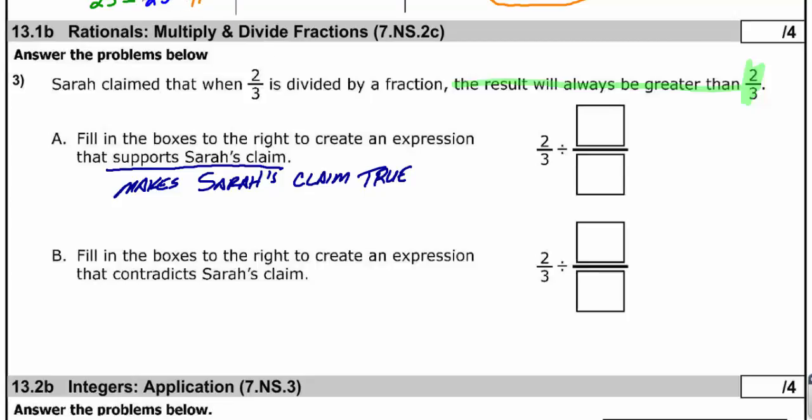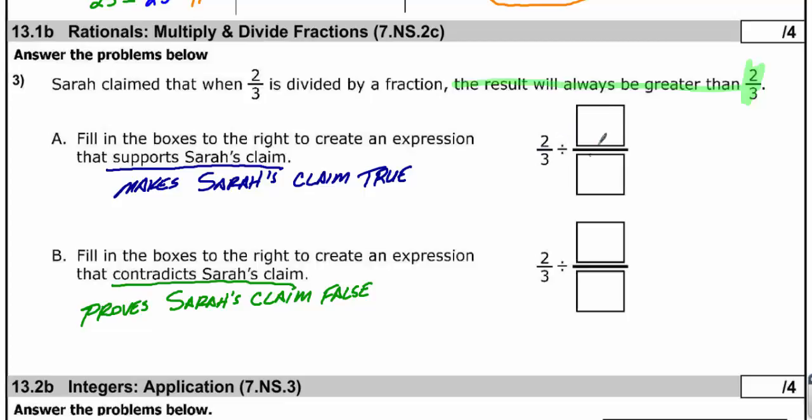The second thing you're asked to do is write an expression that contradicts Sarah's claim. So you're going to do something that proves Sarah's claim false. So let's go to the one that makes it true.